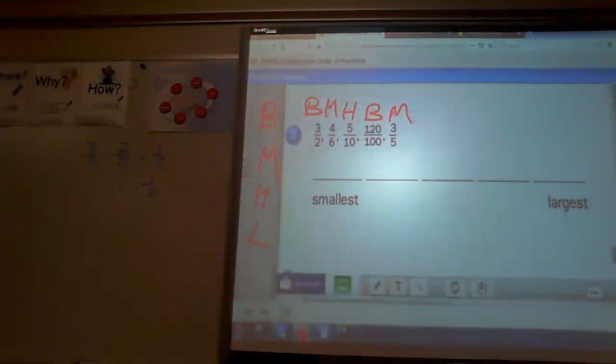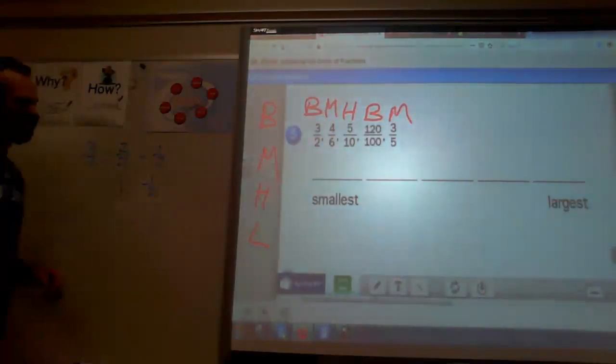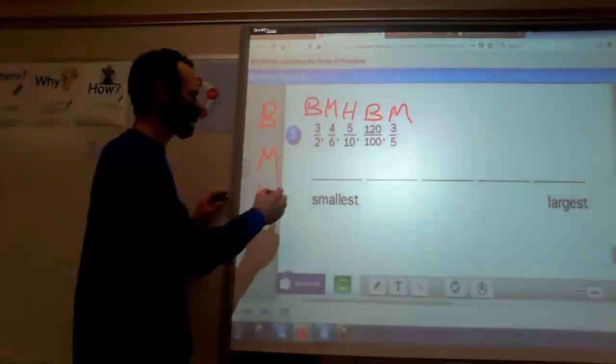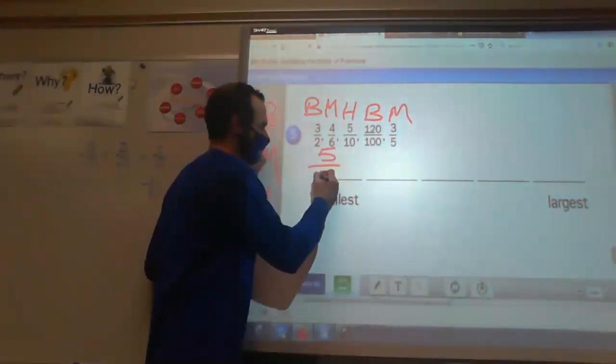What one comes first and how do you know? 5/10, because that's the only one that's not bigger or more than half. Yep, it's exactly half, and that's the smallest one we have.